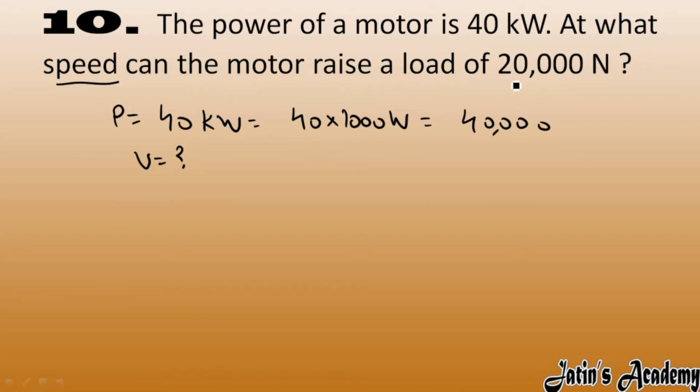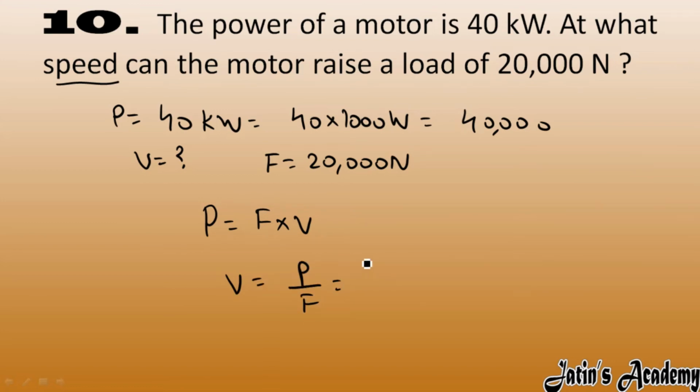Here we have to calculate load, in this case force we have 20,000 Newton. Now we have formula, power is equals to force into velocity. So velocity or speed we have power over force. Power we have 40,000 and force we have 20,000. So cancel it out. We got velocity as 2 meter per second.